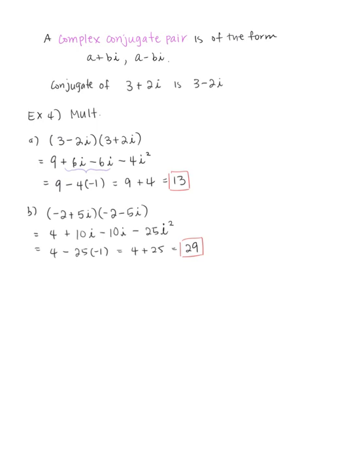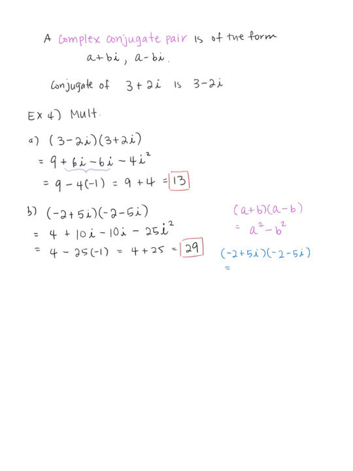Now, if you want to think of it in this way, this is totally fine. You guys remember, if we had a plus b and then a minus b, this is same thing as a squared minus b squared, wasn't it? So we can apply that to multiplying two conjugates together, because look, if I have negative 2 plus 5i and then negative 2 minus 5i, all right, so who plays the role of a?